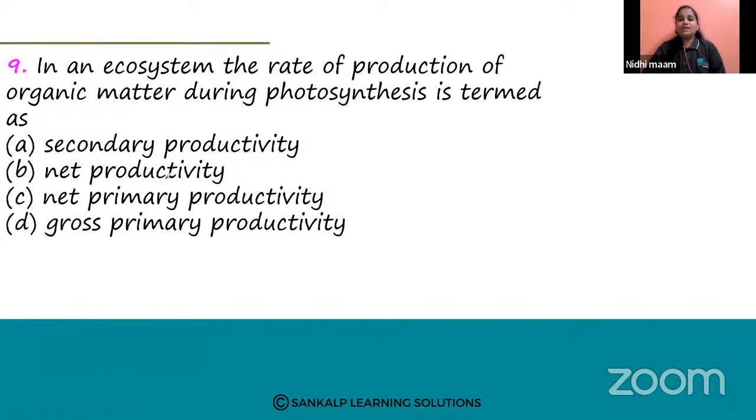In an ecosystem, the rate of production of organic matter during photosynthesis is termed as? What do we call it when organic matter is produced during photosynthesis? Secondary productivity, net productivity, net primary productivity, or gross primary productivity? Yes, who is going to answer this quickly?